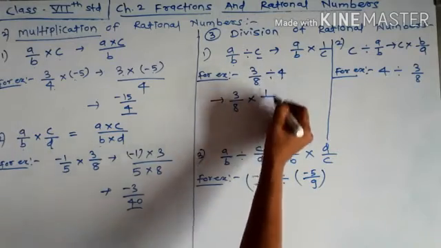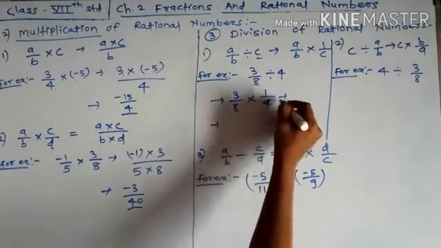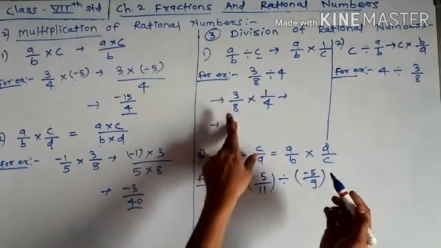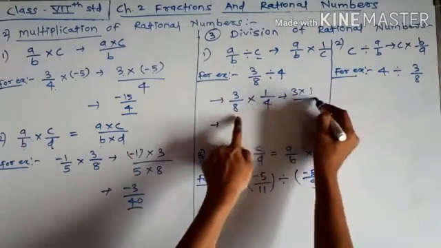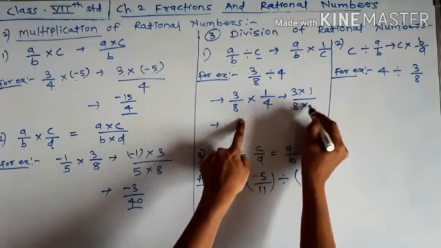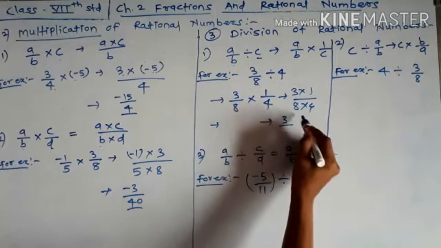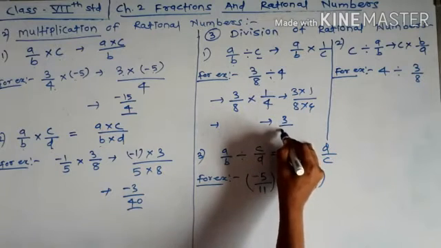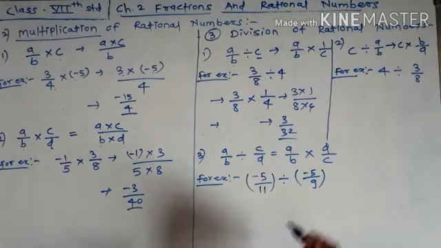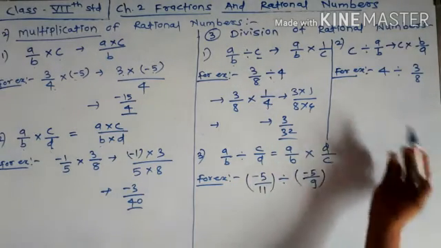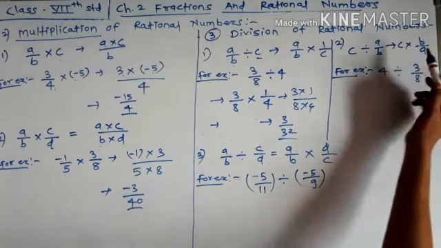The reciprocal of 4 is 1 upon 4. Now to multiply these two rational numbers, we multiply numerator with numerator, that is 3 into 1, and denominator with denominator. Then we get 3 upon 32 as the answer.